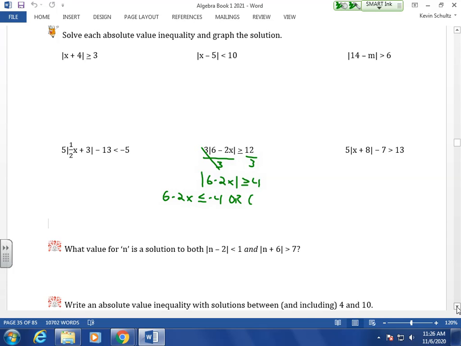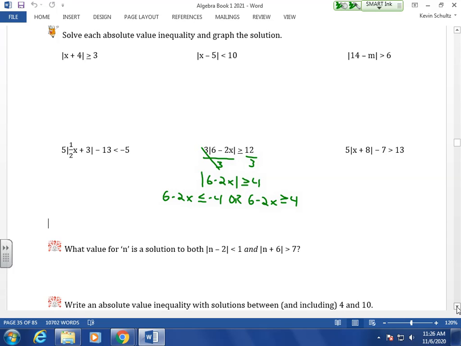Or, again, what's inside the bars doesn't change, 6 minus 2x, and then greater than or equal to +4. Basically saying that whatever 6 minus 2x is, it's further than 4 from 0. It's either on the less than side of -4, going left, or the greater than side of +4, going right.